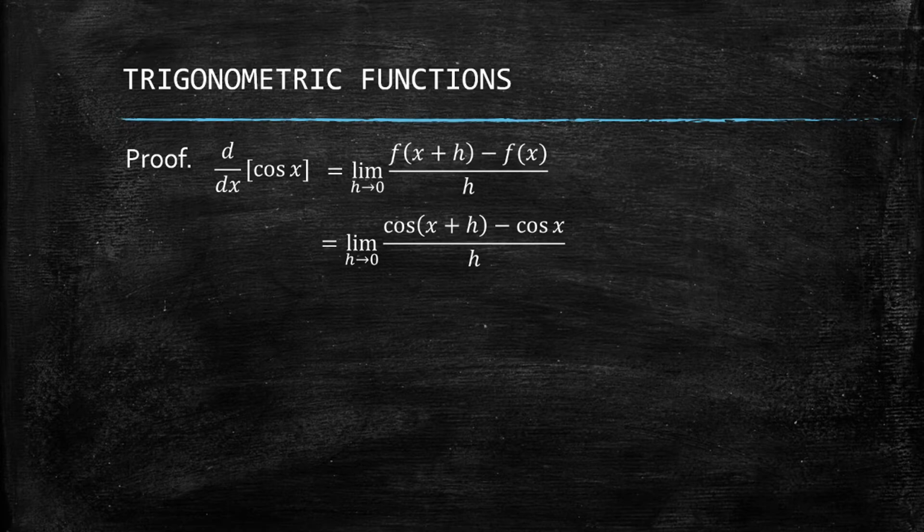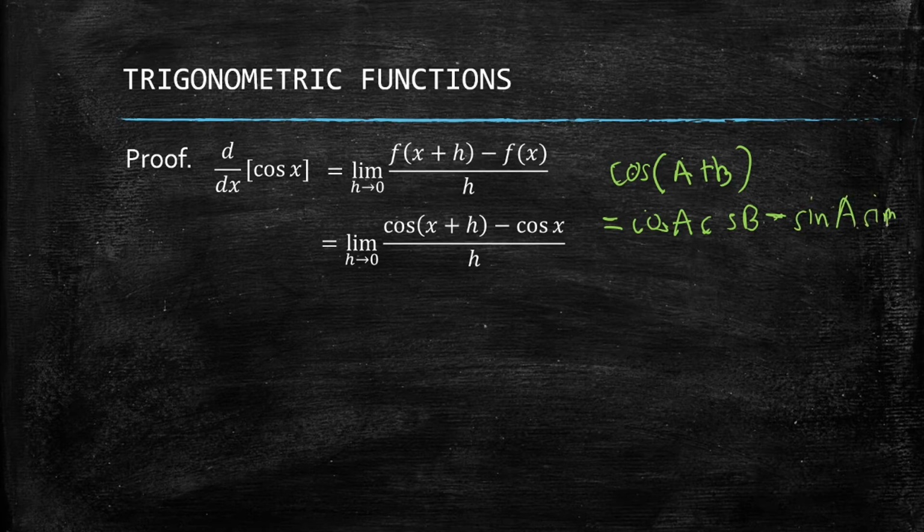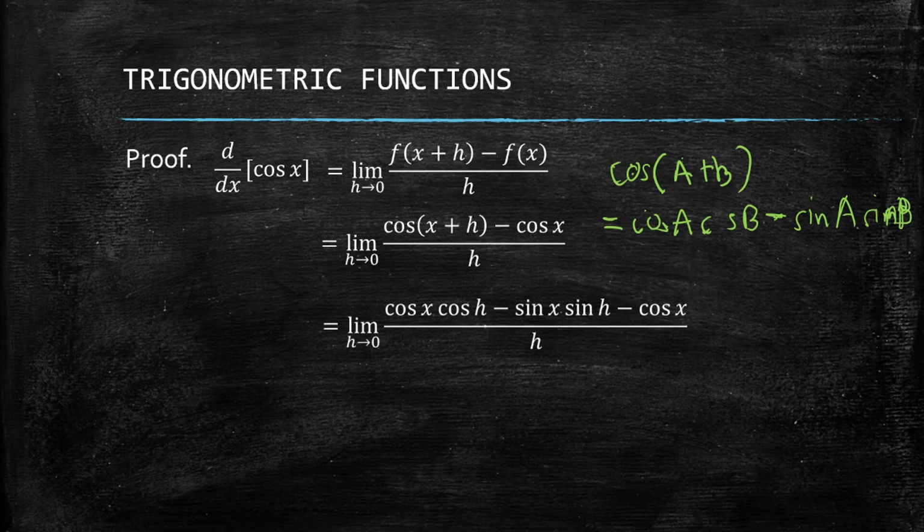Take note that cosine of a plus b is cosine a cosine b minus sine a sine b, or we have the cos cosine sin sin pattern. So again, it's trigonometric identities. That's why we have cos x cos h minus sine x sine h minus cos x.